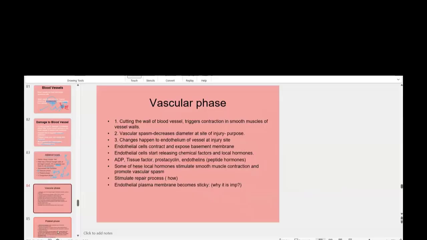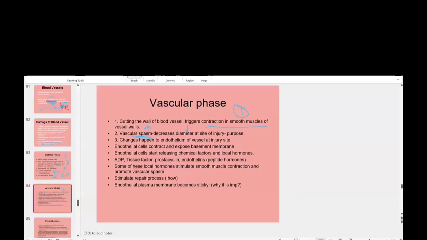The vascular phase: cutting the wall of a blood vessel triggers contraction of the smooth muscles of the vessel. So this is step one. I already told you that the smooth muscles contract. So, vascular spasm. I'll give an arrow up to show that spasm increases. What happens is a decrease in the diameter at the site of injury.